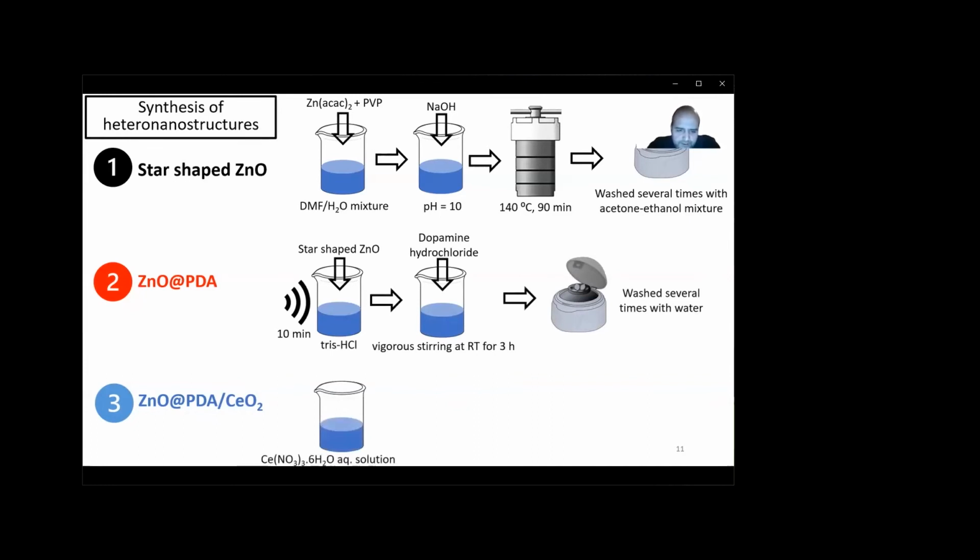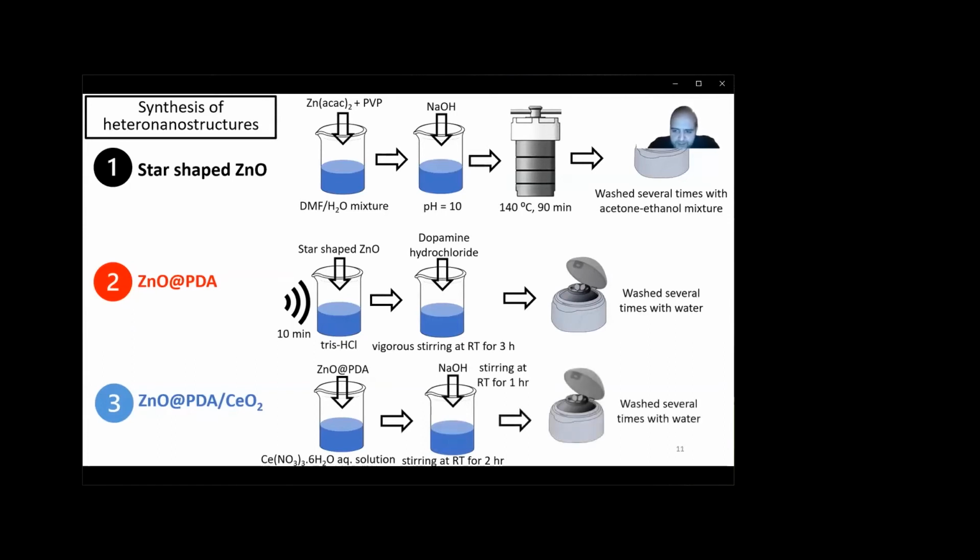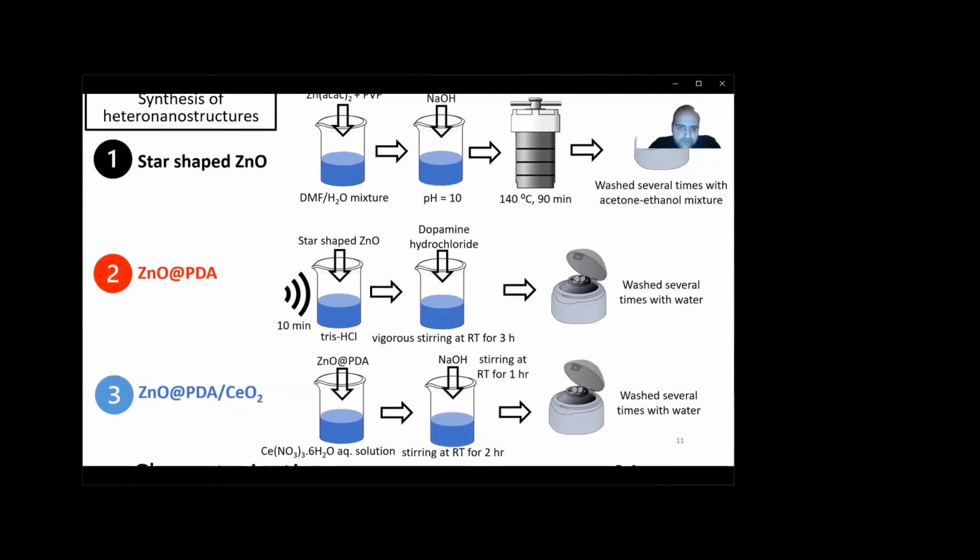For cerium oxide nanoparticles, we used cerium nitrate hexahydrate aqueous solution, added zinc oxide polydopamine nanoparticles, and stirred for 2 hours at room temperature. After the addition of sodium hydroxide, we stirred another hour at room temperature, and the obtained product was washed several times with water, and we obtained zinc oxide polydopamine cerium oxide nanoparticles.